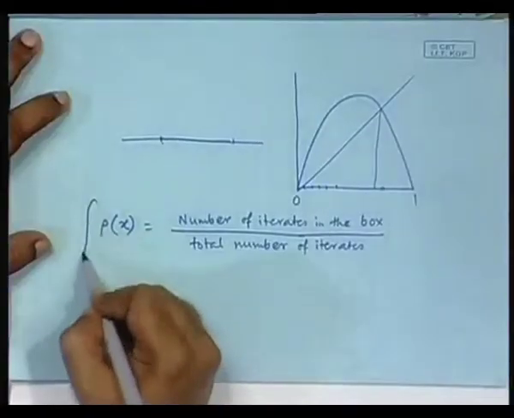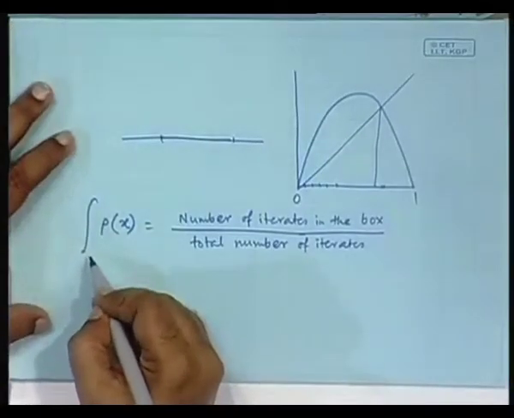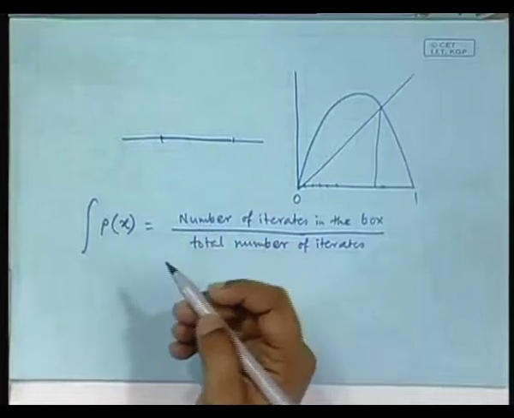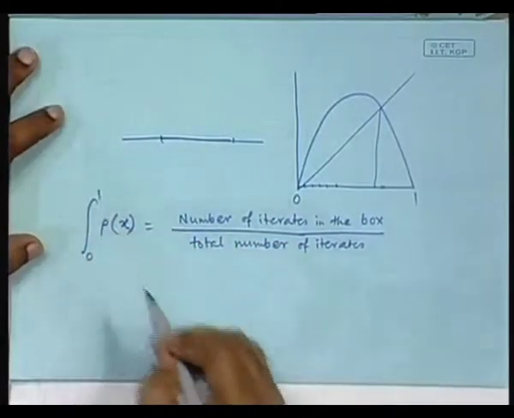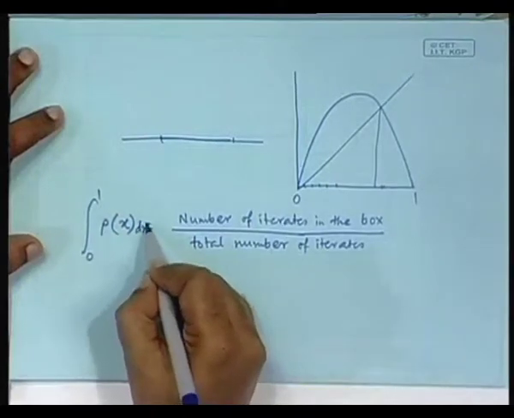So sir, then the definition was wrong. Wait. Let me see where I wrote the definition. Oh, sorry. It has to be the integral over the range of x, over the box range.